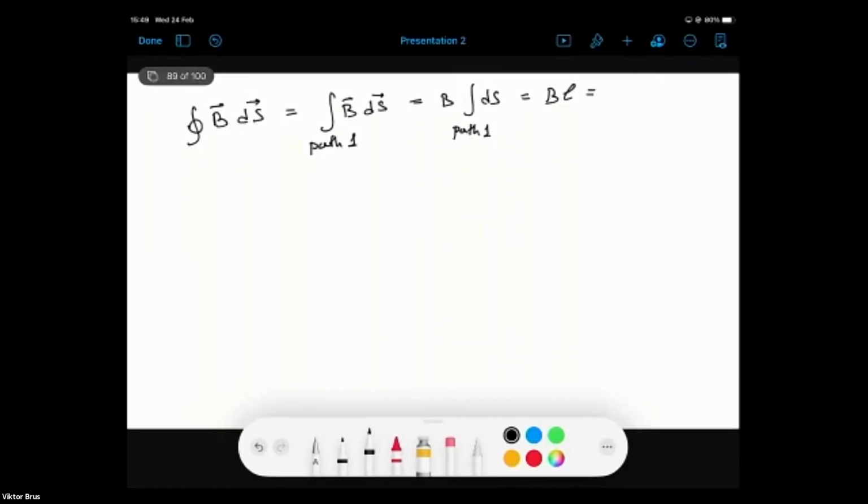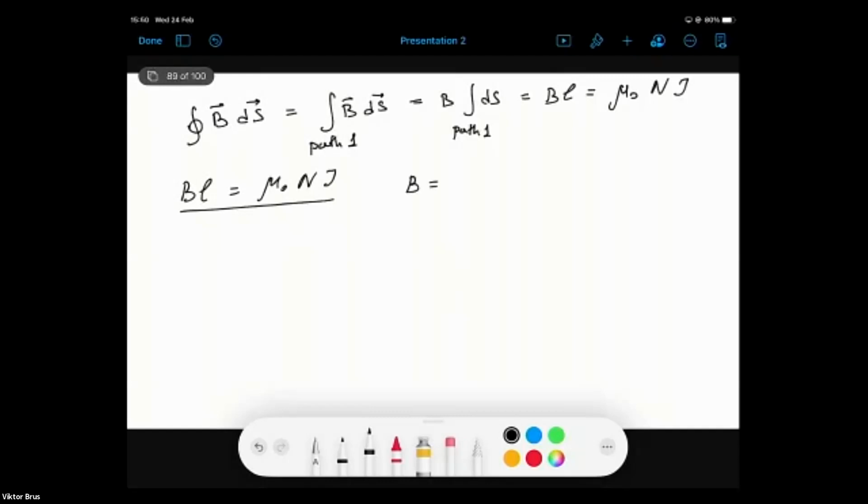That's why we can write that this integral is equal to mu naught times this total current, which will be N number of turns, like these coils, which are overlapping with the surface defined by Ampere's rectangular closed loop which we considered, times I. So now we have the final equation for Ampere's law: B times L is equal to mu naught times N times I. And from here, we can easily calculate the magnetic field.